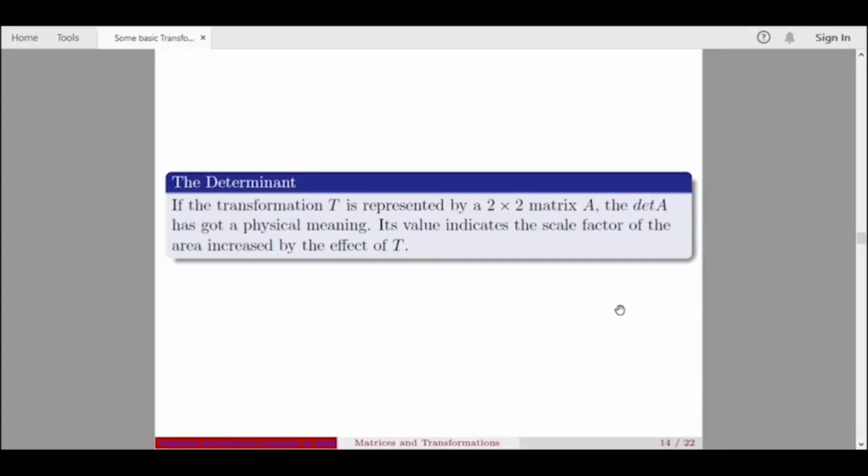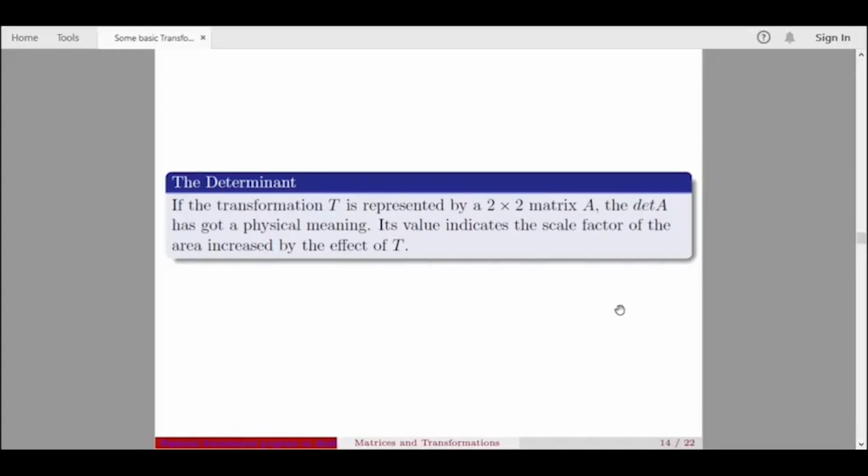Initially there will be an area. By the effect of T, if the area has increased, then that scale factor is given by the determinant of the matrix A.